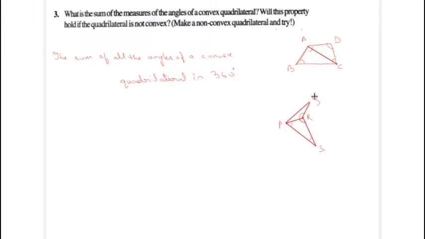Now from this triangle PQR, what you will get that sum of all the angles of this triangle is 180 degree. Now this triangle plus this triangle is the whole quadrilateral PQRS. That means 180 degree plus 180 degree is equals to 360 degree. Okay, that means yes, this property hold for a non-convex polygon or a concave polygon also.